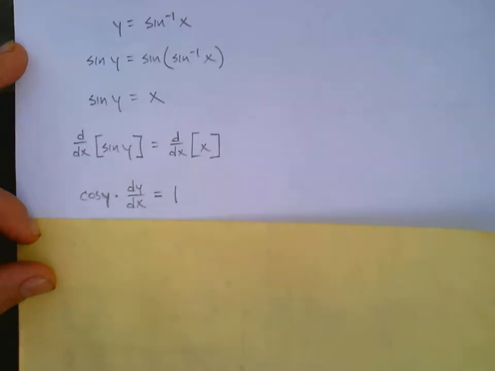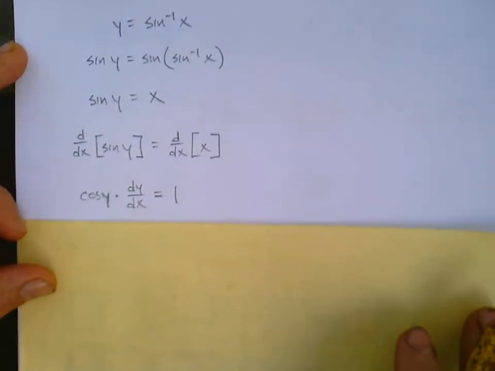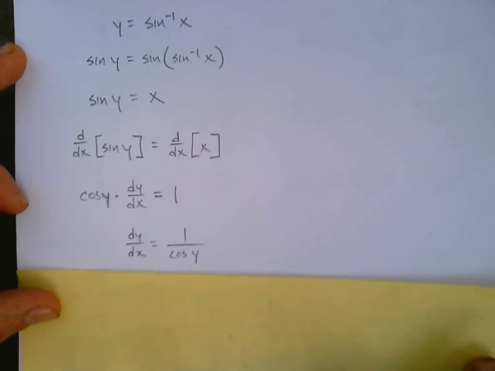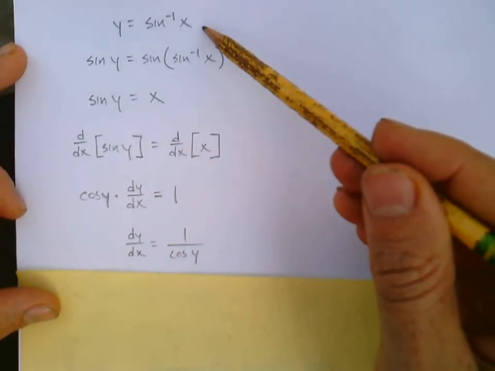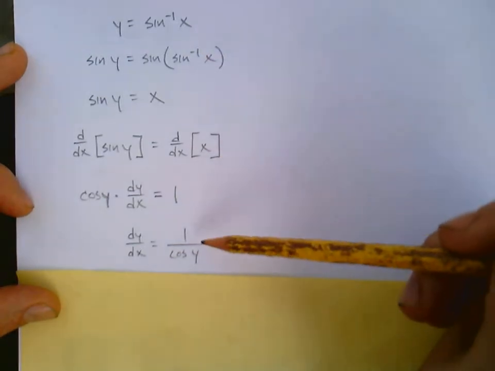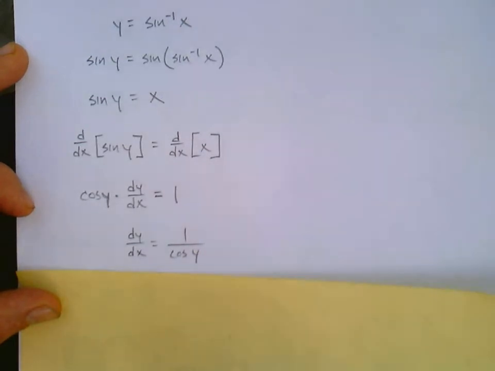All right. Then we can isolate the dy over dx if we divide this over. So starting from the top, y equals arc sine x, we found the derivative dy over dx equals 1 over cosine y. Interesting.